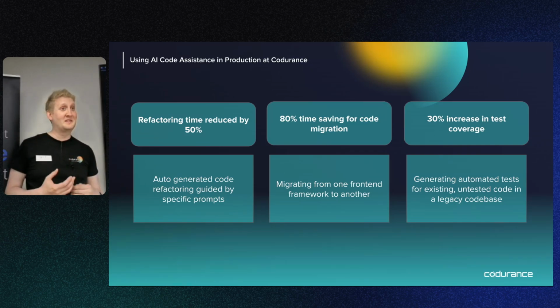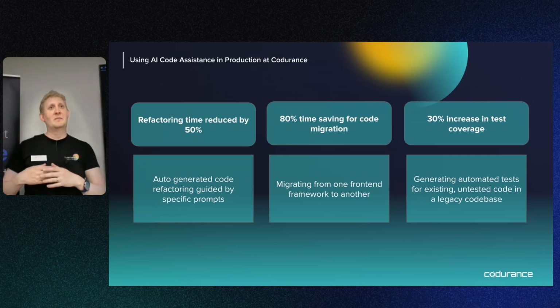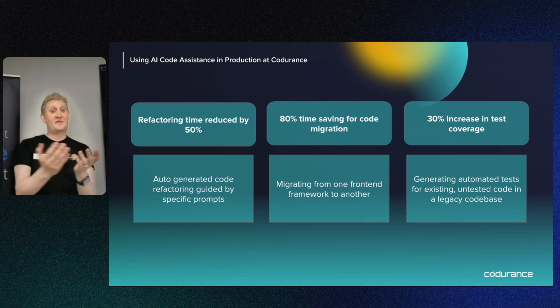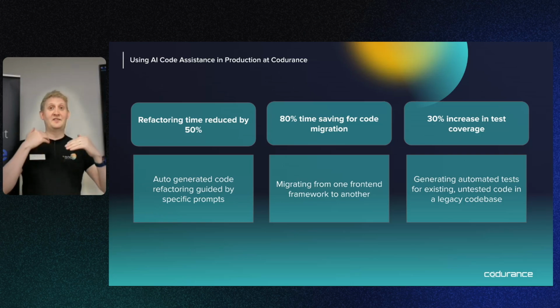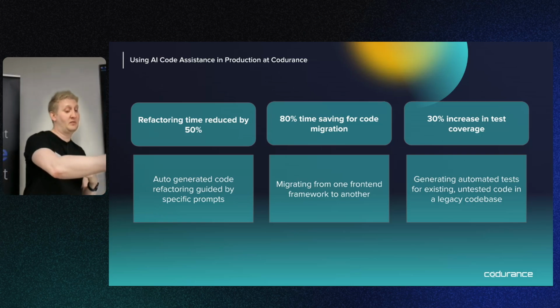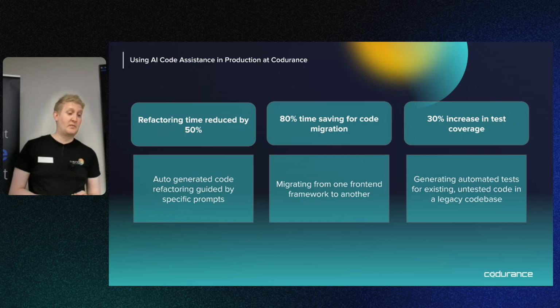But they wanted to change this code, with a safety net of tests around it. So the team leveraged AI tooling to add a suite of tests around some of this code before making changes to it. And we did that with AI tooling and increased the test coverage by 30%.